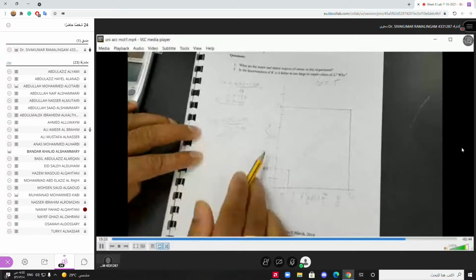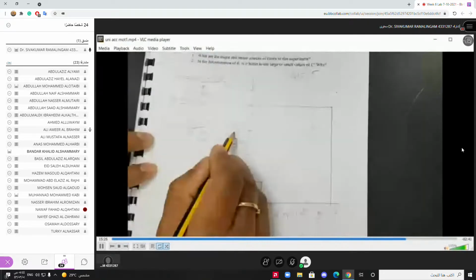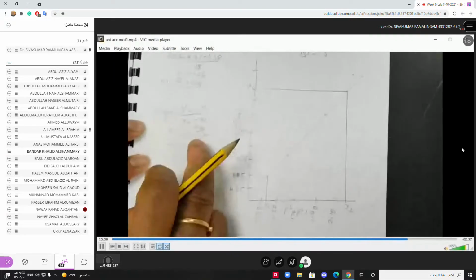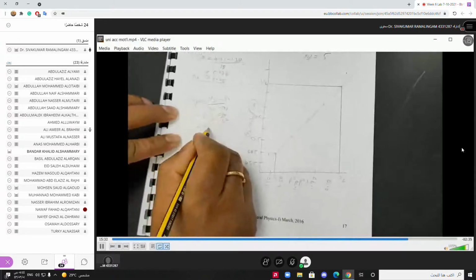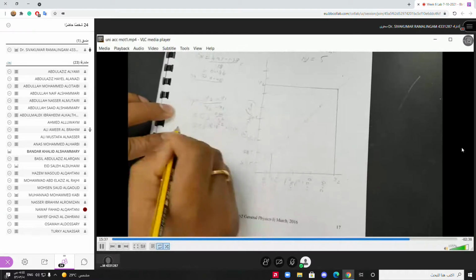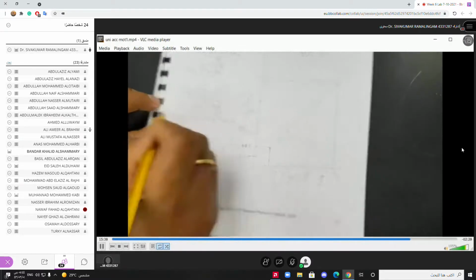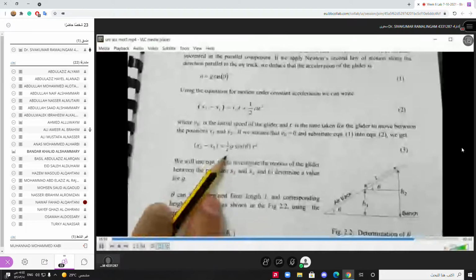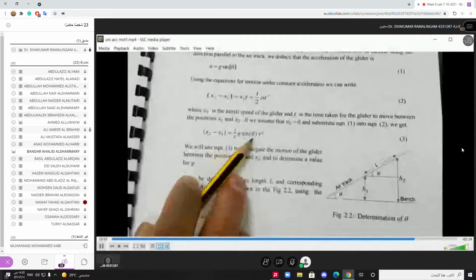The unit, centimeter is the y unit and second square is the x unit. I am going to convert this into 10 to the power minus 2 meter per second square. This is your slope. I am going to calculate your g value from this: x2 minus x1 of g sine theta t square.